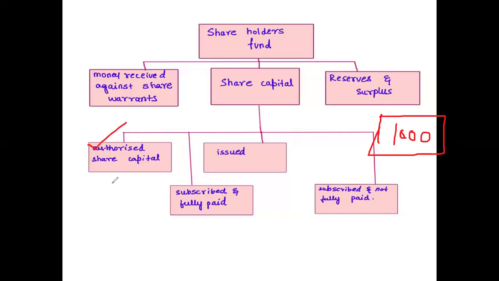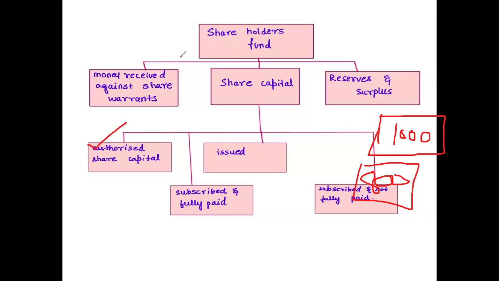Out of allowed capital, I'll never collect every capital. What I'll do is, out of authorized capital, I decided to only issue 800 rupees and keep my 200 as pending. Why does 200 have to be kept pending?